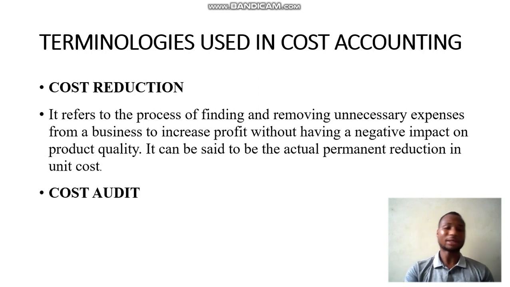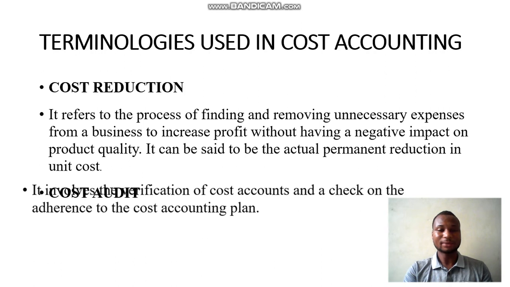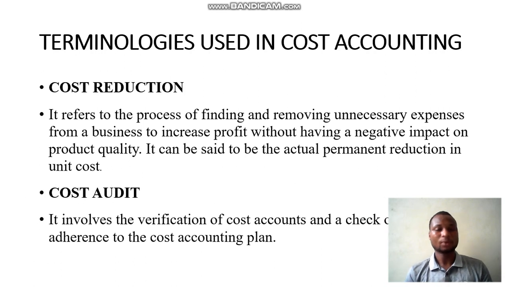Let's look at cost audit. We have heard audit before. Auditing is all about independently verifying whether the assertion being made is true or not. So in cost audit, we are verifying our cost accounts. We are trying to check whether the cost data we are gathering adheres to the cost accounting plan.